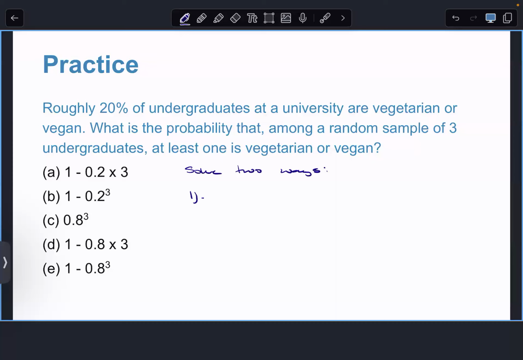First way, you could find the probability of at least 1 is the probability of 1 plus the probability of 2 plus the probability of 3 vegans.